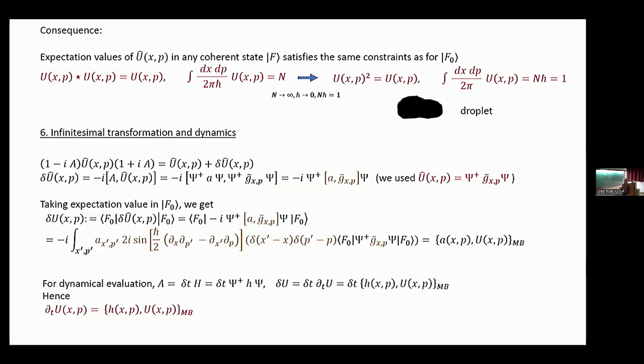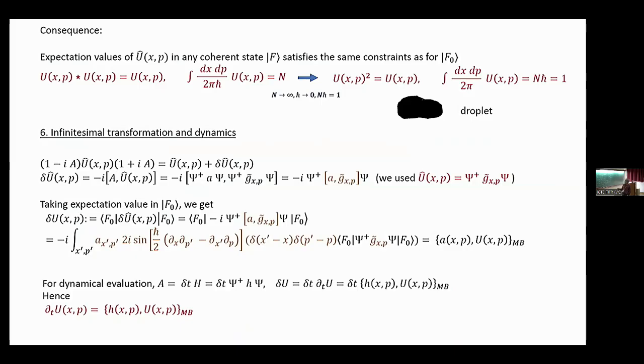And for infinitesimal transformations, this is how the second quantized operator transforms, again by using the sandwich principle. Remember, u is given by psi dagger gxp psi, and the W infinity transformation is psi dagger a psi. So it becomes a sandwich of that.